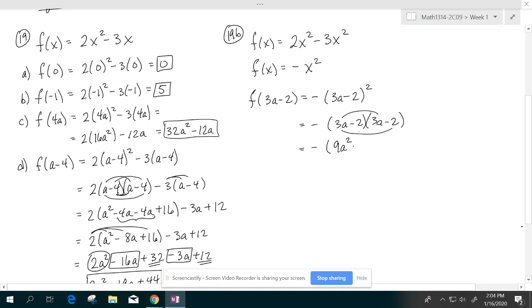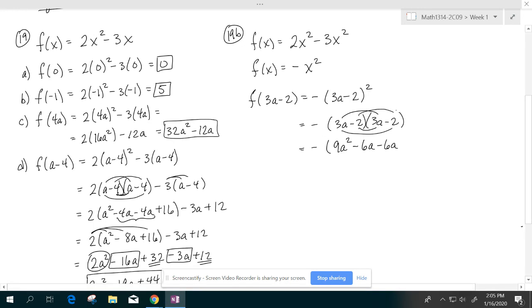Yeah, because a positive times a negative makes it a negative. And 3 times 2 is 6a. So far, so good? On the inside, I've got another one just like it. Negative 6a. Y'all see how that works? Negative 2 times 3. Negative 6a.